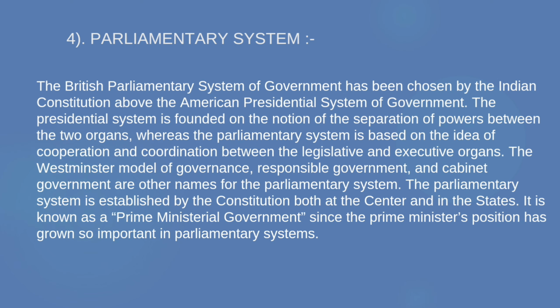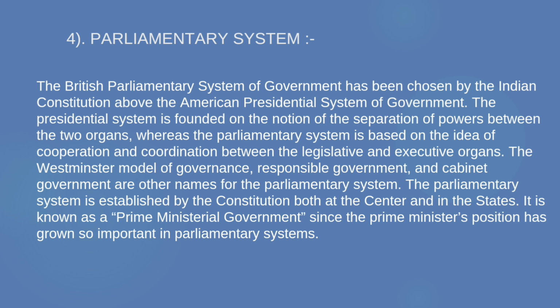Parliamentary system. The British parliamentary system of government has been chosen by the Indian Constitution over the American presidential system of government. The presidential system is founded on the notion of the separation of powers between the two organs, whereas the parliamentary system is based on the idea of cooperation and coordination between the legislative and executive organs.